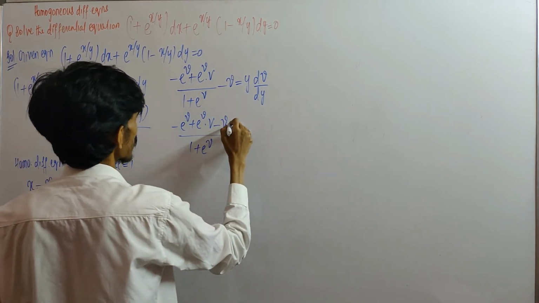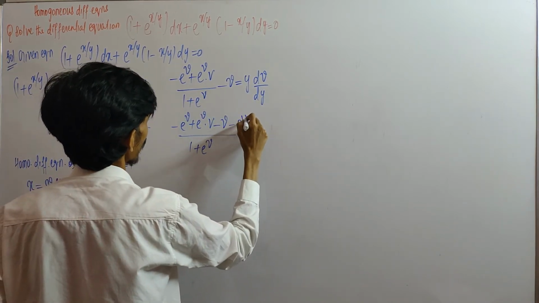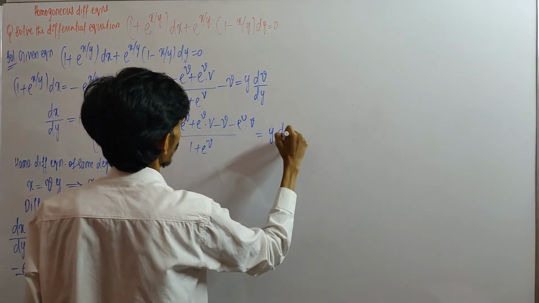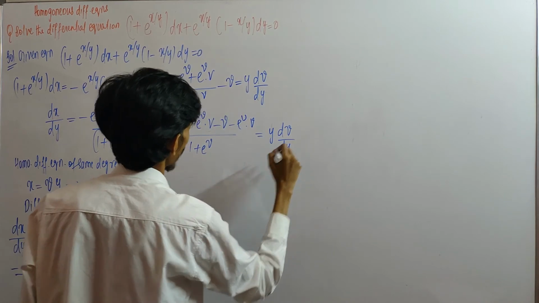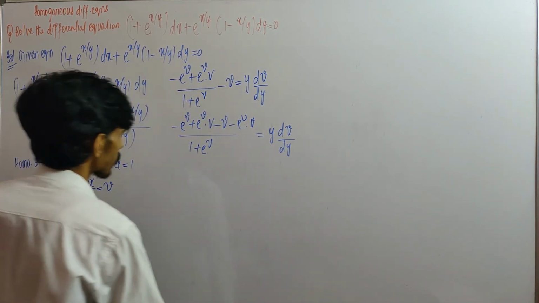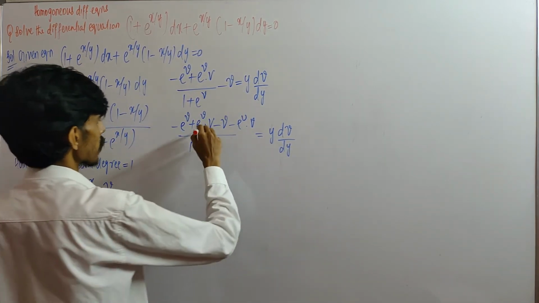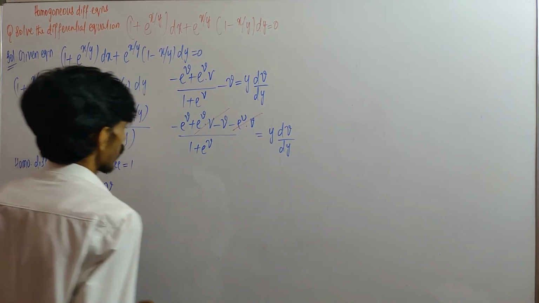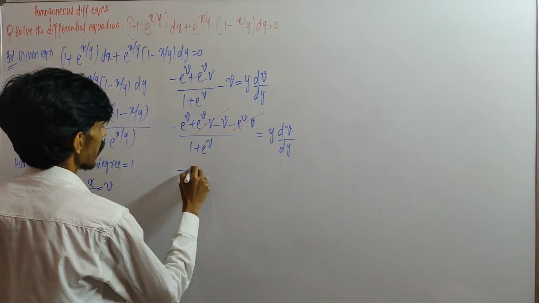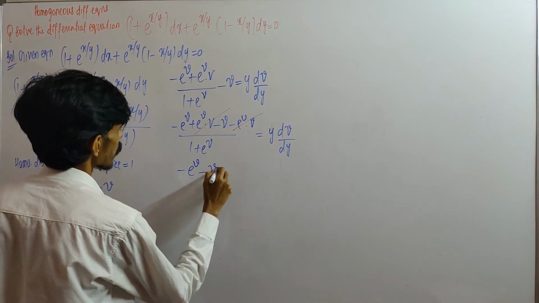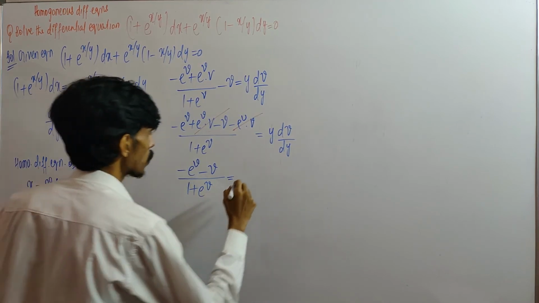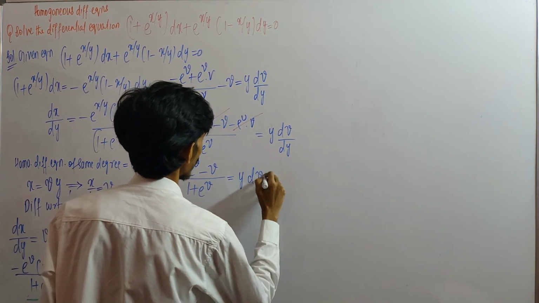V into e power of v is minus e power of v into v is equal to y dv by dy. Now these two terms will get cancelled. Now we have e power of minus v upon 1 plus e power of v is equal to y dv by dy.